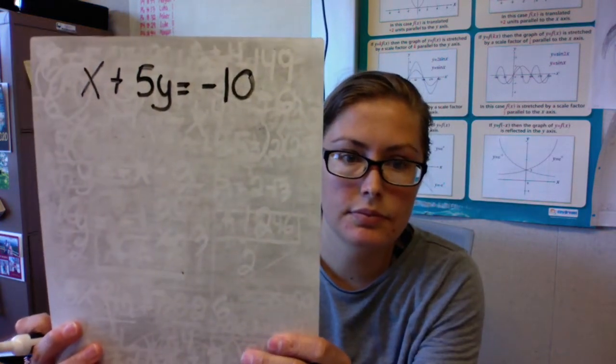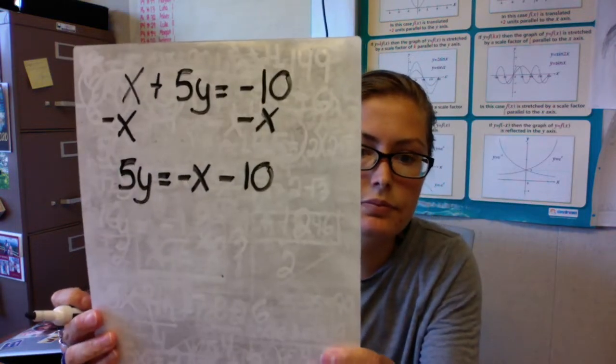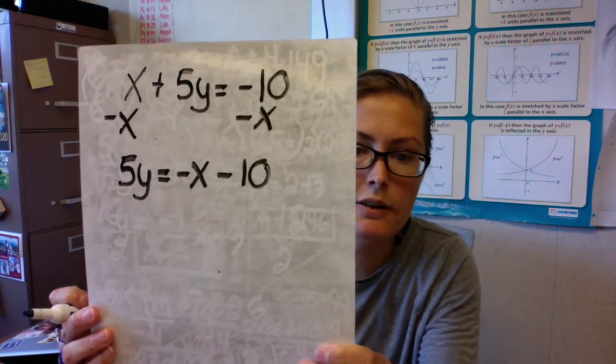Next one, we have x plus 5y is equal to negative 10. I'm going to subtract x from both sides. We get 5y is equal to negative x minus 10. Divide everything by 5.